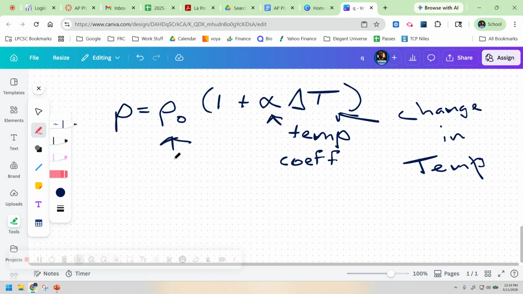And this is going to be the initial resistivity. And then this, of course, would be the final based on the temperature.